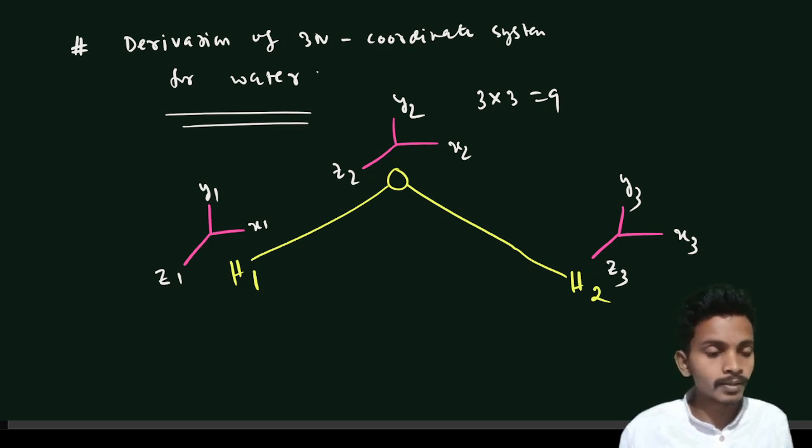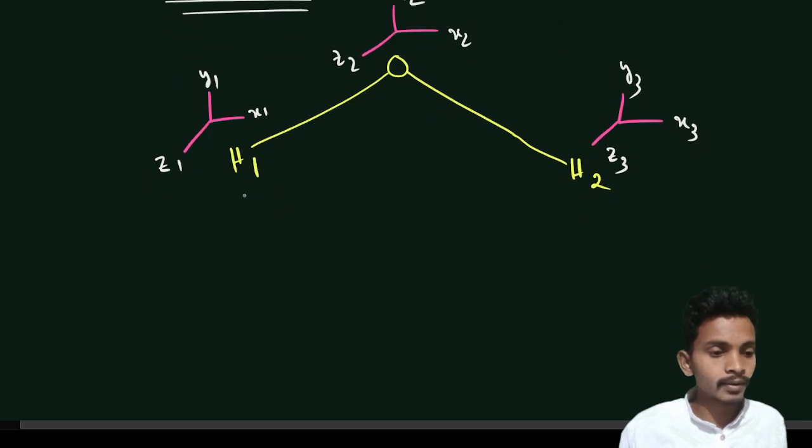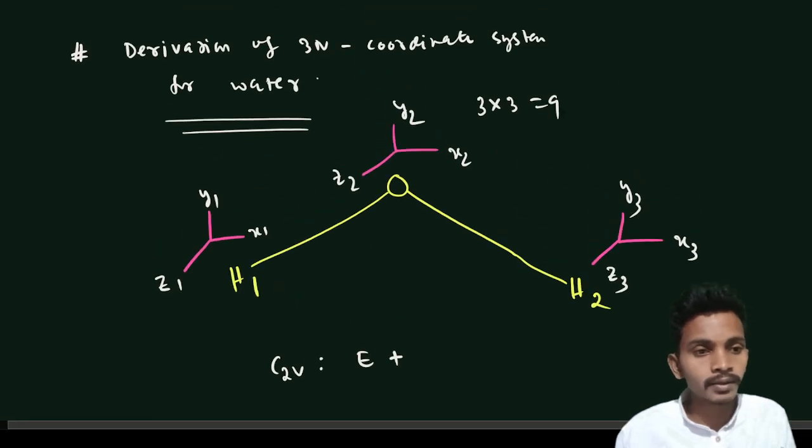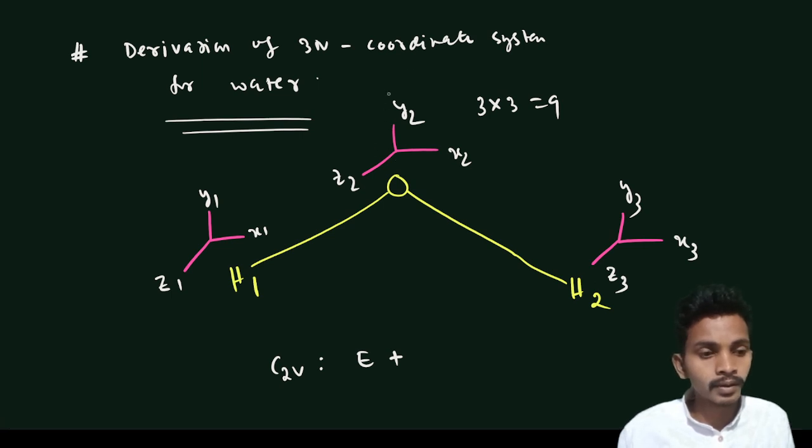So what are the symmetry elements? C2V is the point group, and what are the things there? E is there, plus, if I pass the axis through here, this is C2Y because this is the y axis.